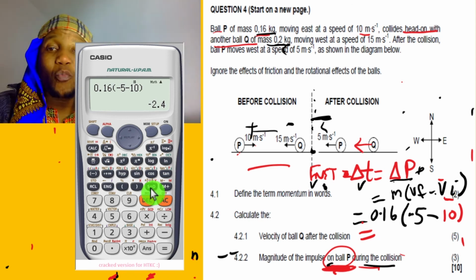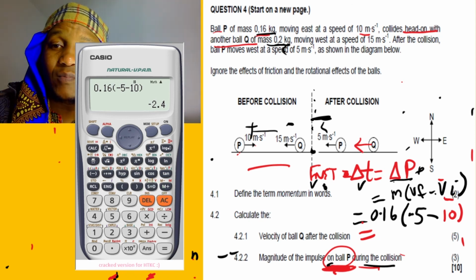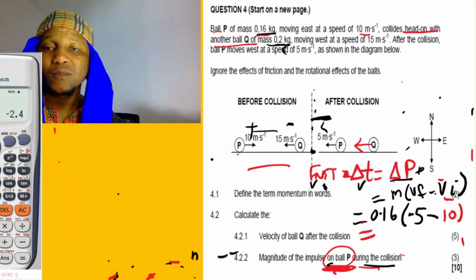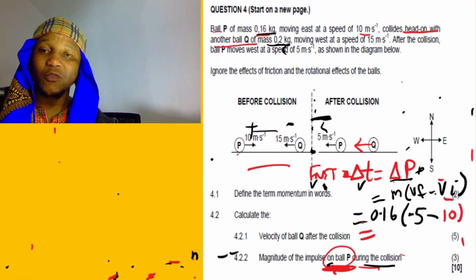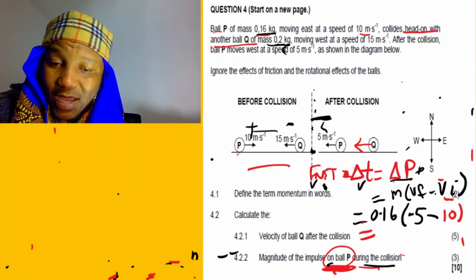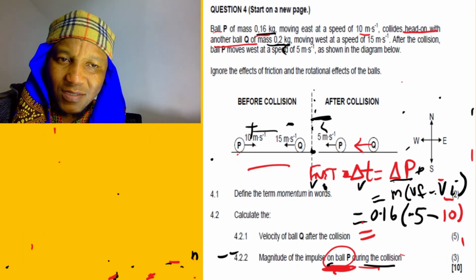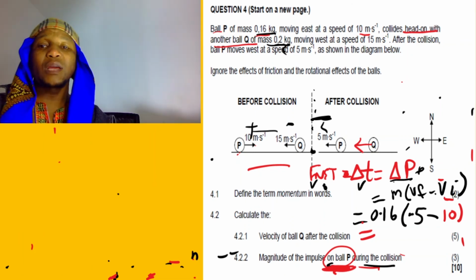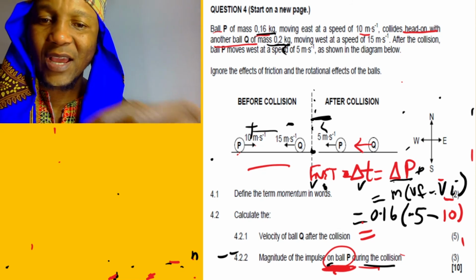Okay, so -2.4. Cool, so we have to move this to the left. I forgot, what is this? -2.4. So the impulse we have is -2.4.